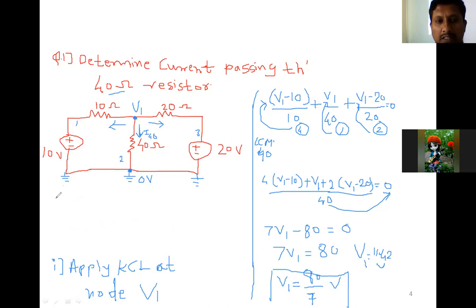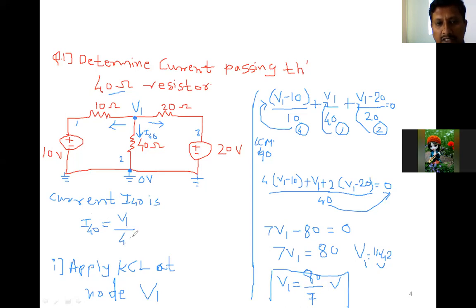Now the current passing through, or current I40, is given by I40 is equal to V1 divided by 40.